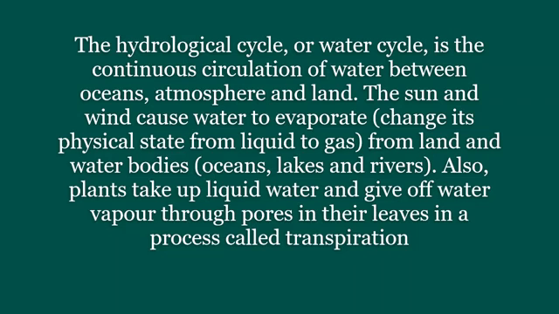The sun and wind cause water to evaporate, that is, it changes its physical state from liquid to gas, from land and water bodies, that is from oceans, lakes and rivers. Also, plants take up liquid water and give off water vapor through pores in the leaves in a process called transpiration.